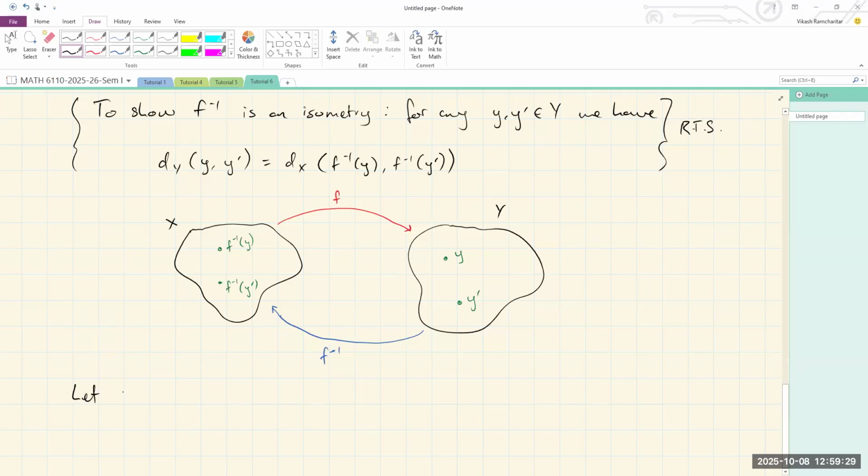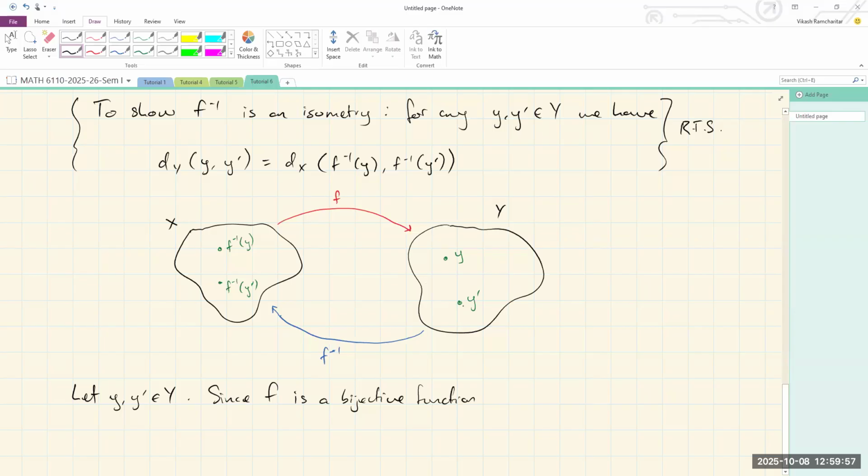So let's just say let y and y prime belong to Y. Now, since f is bijective, bijective means one-to-one and onto. So y and y prime are in the codomain of f.